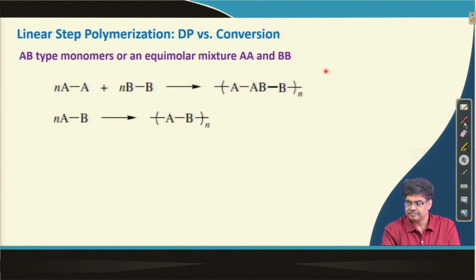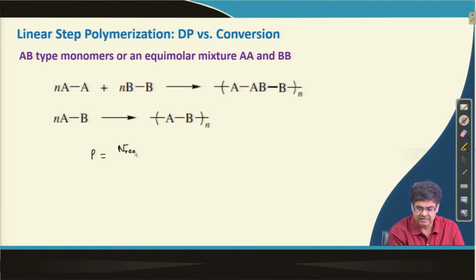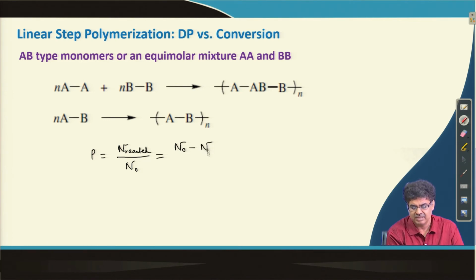Now, in that case we know that Xn is given by the number of functional groups reacted, N reacted, divided by the initial number of molecules present.